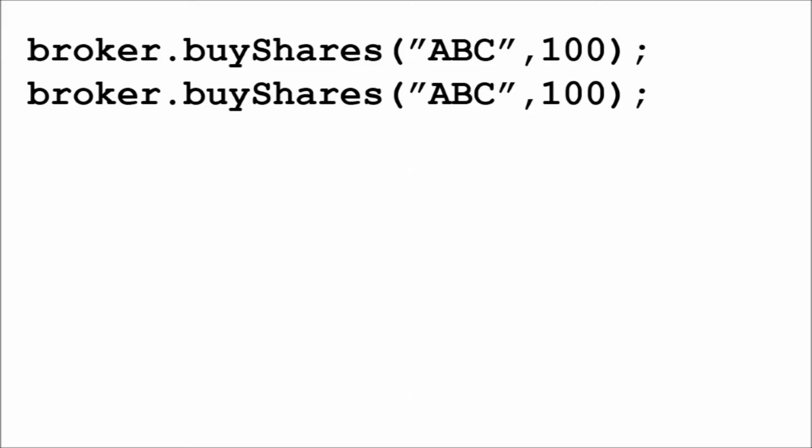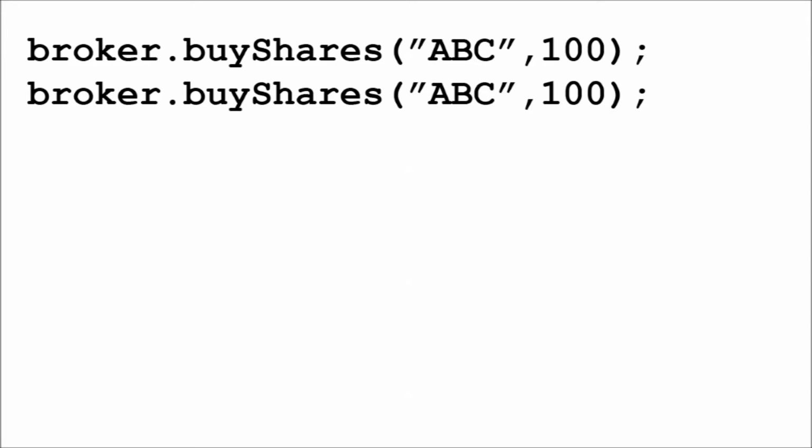Well, if a query was an example of an idempotent function, what is a non-idempotent function? Here's an example, and that example involves buying shares from a brokerage. In this example, we use the broker object and call the buy shares function, passing in the ticker symbol, ABC, and the number of shares we want to buy.